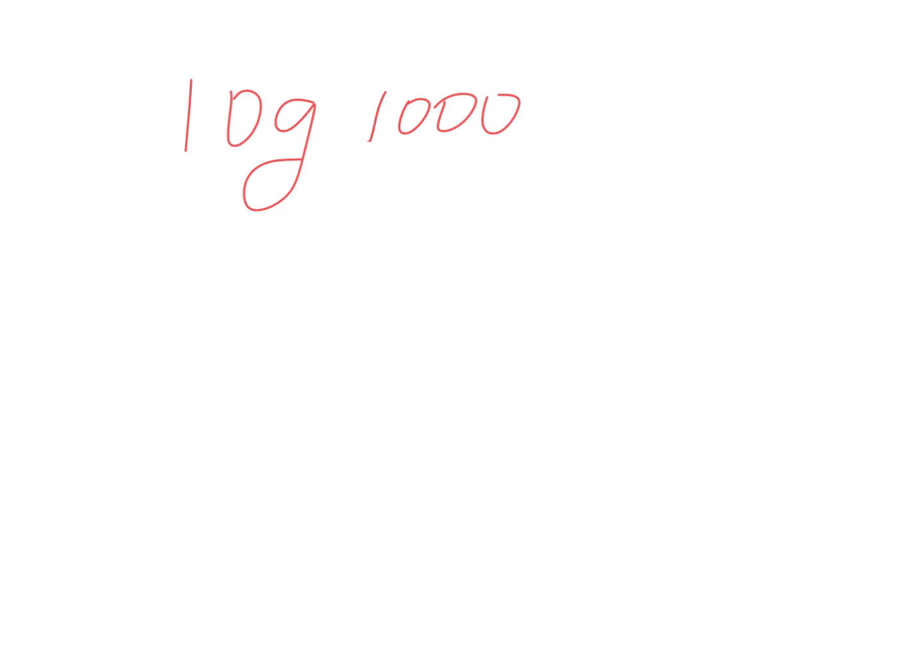So the first thing you do, put in the base that's not there. Second thing you do is think, I could make that into 10 to a power. And if you don't know what power, you're stuck. Just go through them. 10 to the first, no, it's too small. 10 to the second, that's 100. Definitely too small. 10 to the third, oh, it is that. Yay, so the answer is 3.